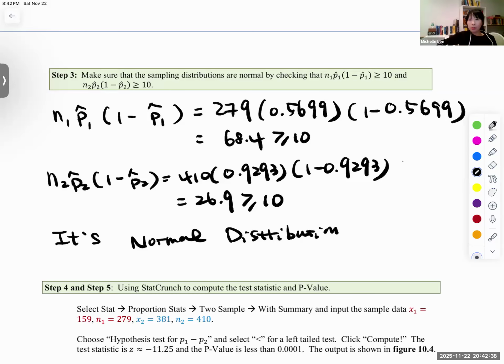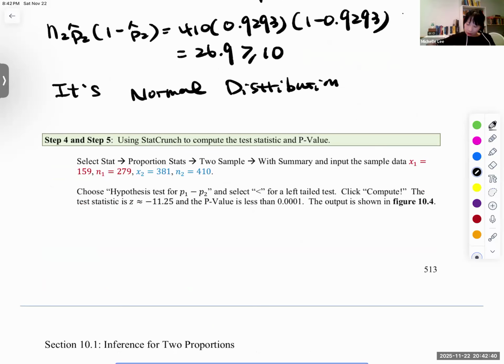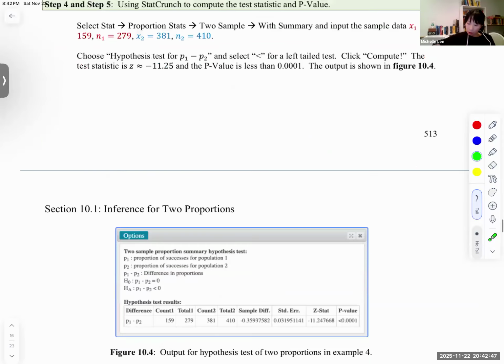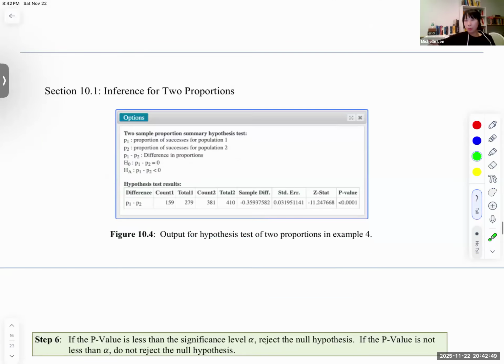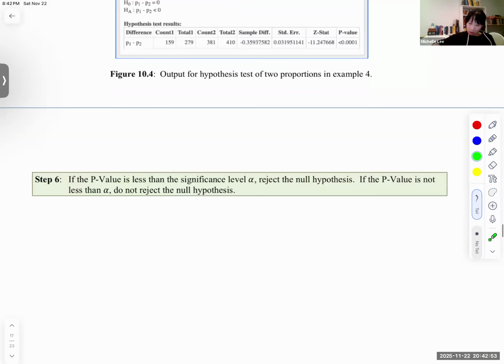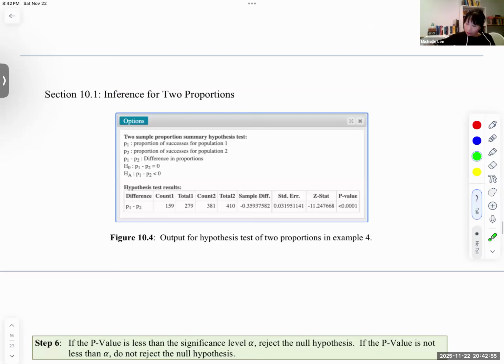All right, so we are using StatCrunch to find the p-value with the z-test statistic, right? So we're following the same steps as earlier. We go to Proportion Stats, Two Sample, and they have the z-test statistic. Wow, so low, negative 11.